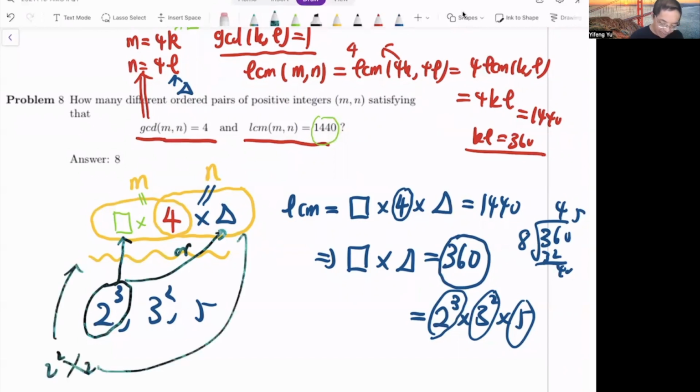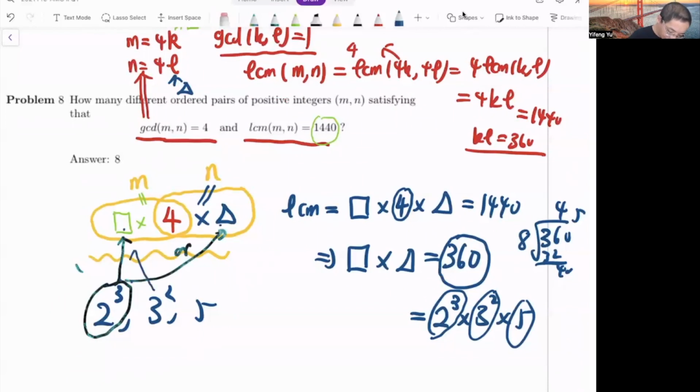This is not possible because they would then have a common factor, and the greatest common divisor is 4, so we cannot split anything else. So that means either this one goes to this or this one goes to that, and likewise for the 3 squared, and either the 5 goes there or the 5 goes there.